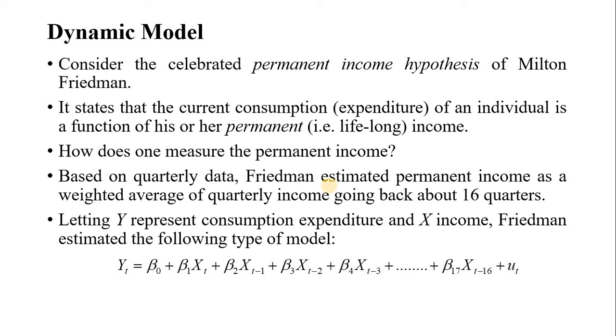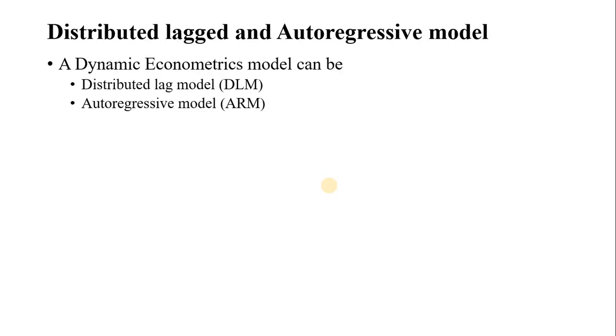He took an average of all these and called it a weighted average, which he called permanent income. In almost all theories, especially in macroeconomics and finance, we use this kind of idea or these kinds of lagged models.